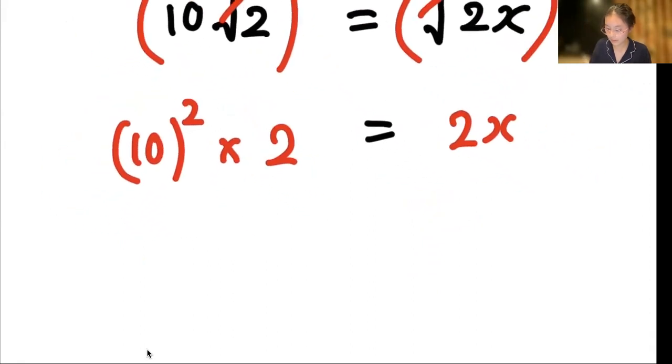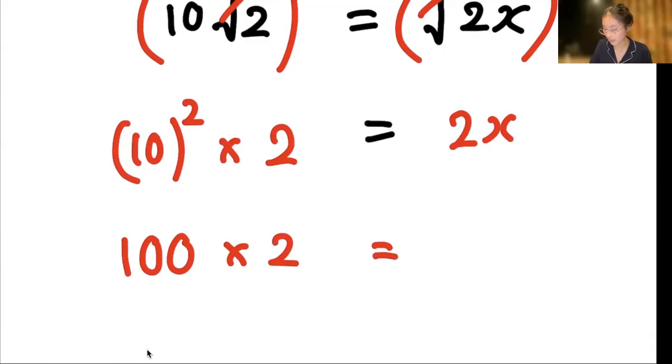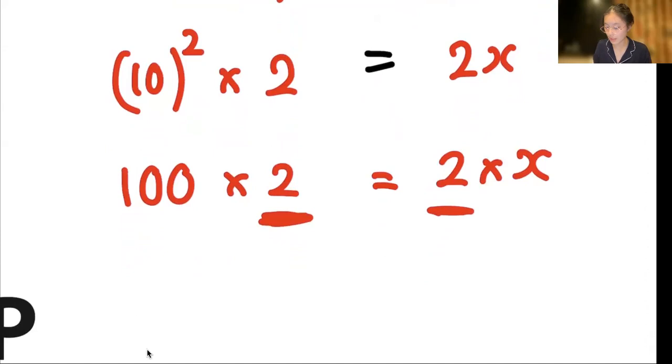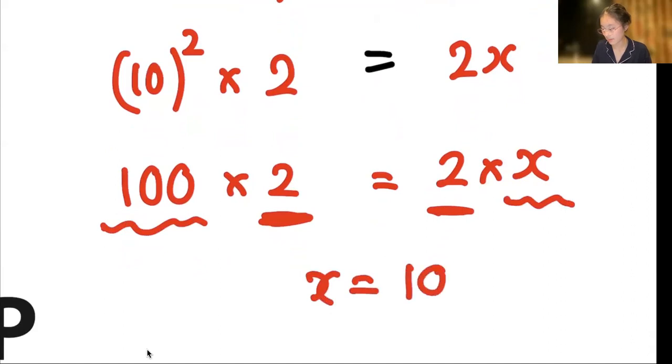And then 10 times 10, or 10 squared, is 100, times 2 is 2x, or you can say 2 times x, right? Since we already have the 2's, the remaining must be x. So therefore, x is 100.